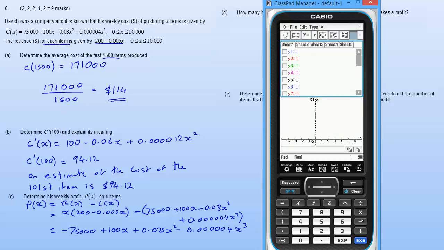And what we've got, negative 75,000 plus 100x plus 0.025x squared, take away 0.00004x cubed.